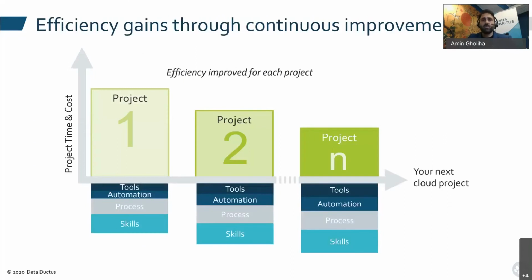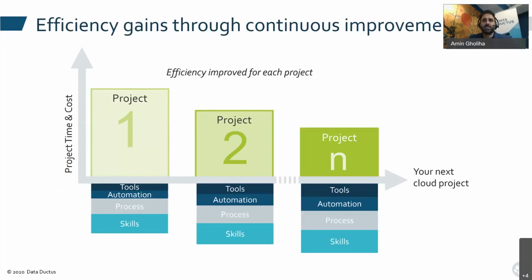But if you perform this in a proper way, with each project you get better. And what we are experiencing, and what Data Ductus usually models, are business models where we share the risk with each other and so on.